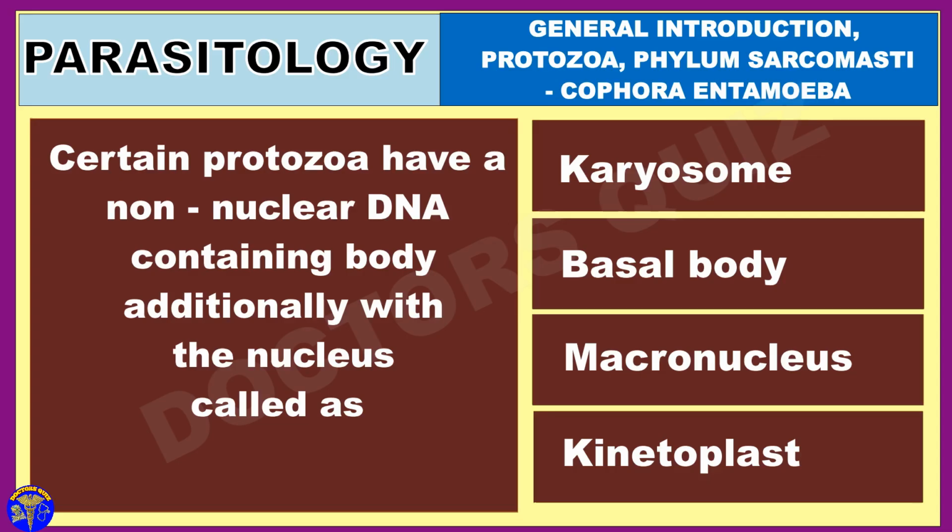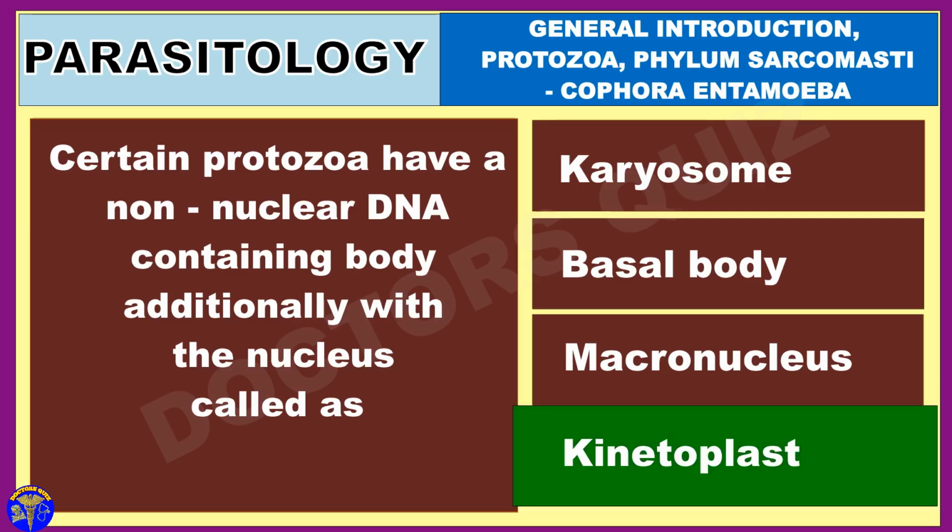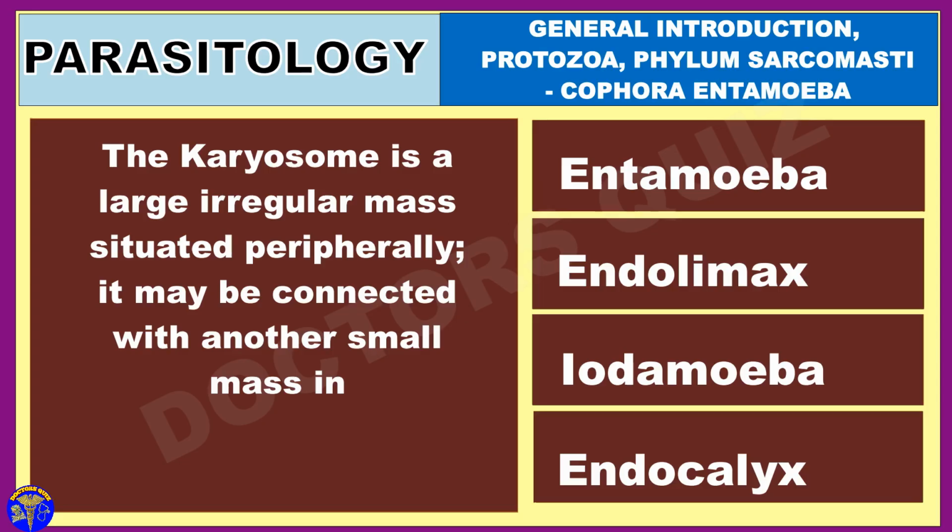Certain protozoa have a non-nuclear DNA containing body additionally with a nucleus called as kinetoplast. The caryosome is a large irregular mass situated peripherally. It may be connected with another small mass in endolimax.